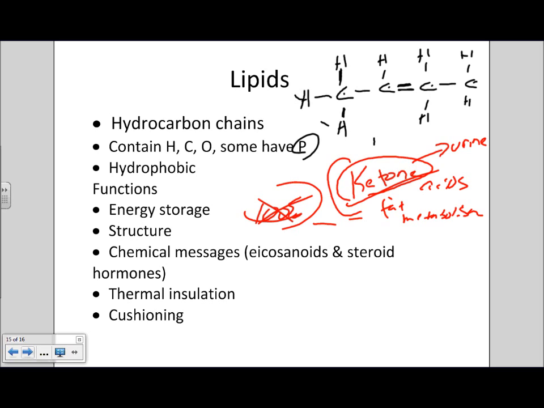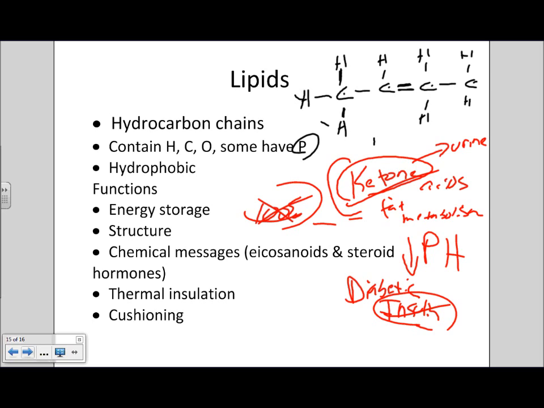Ketones are acids, and as we just talked about, that would lower your pH, and that's going to affect your metabolism. You're going to see this a lot in people who are diabetic, people with diabetes mellitus, specifically type 1 diabetes, who don't like to take their insulin. If you don't take your insulin, you're not going to burn as many carbohydrates for energy.